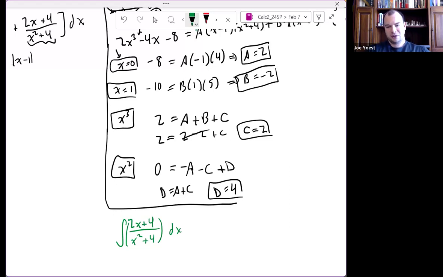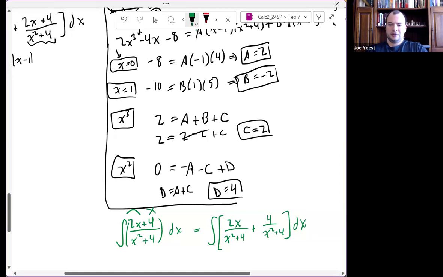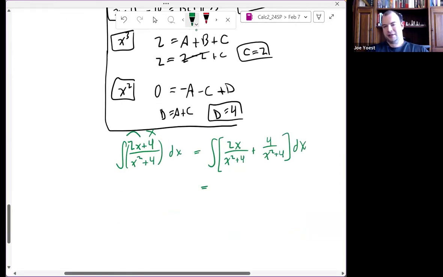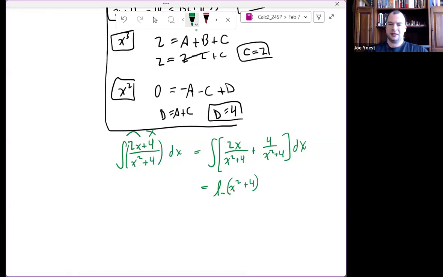So the 2x on the top does kind of work out with that, but the 4 doesn't quite work out. So I'll just split those up. Like this, and now I do see that I have log x squared plus 4 here. When I differentiate this, I get 1 over x squared plus 4 times the derivative of the inside, 2x. So that works. X squared plus 4 is always positive, so I don't need absolute values here. I could put them on, it wouldn't hurt anything.